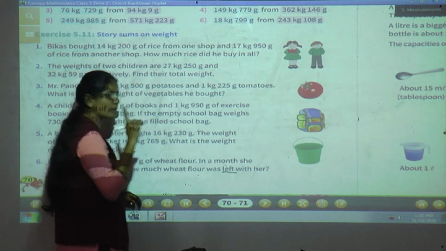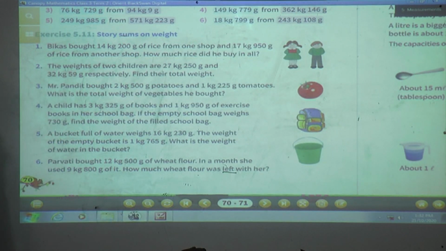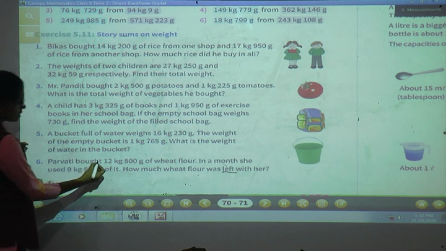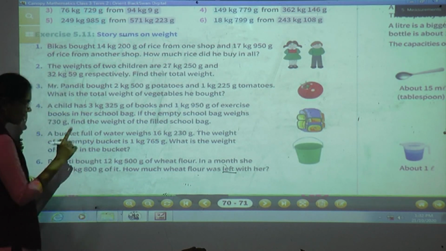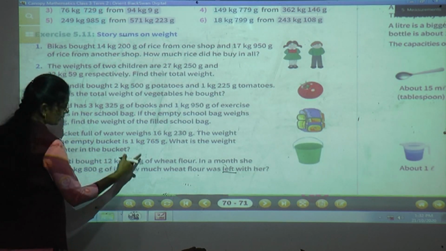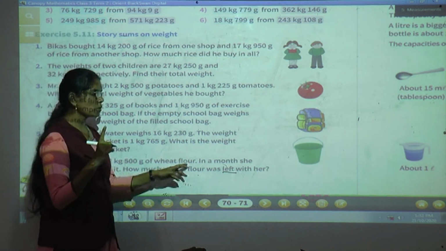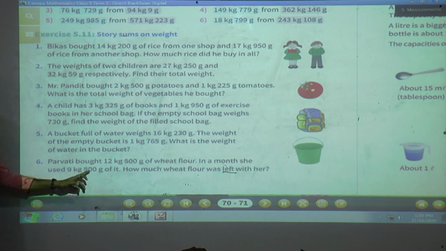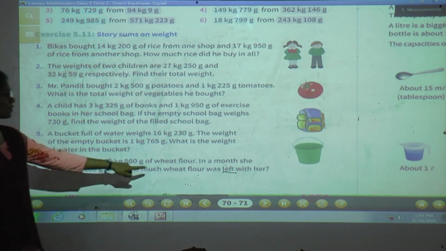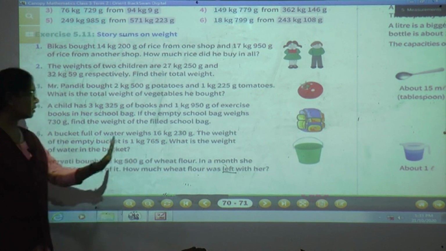See the word left. Left means here you have to do the subtraction. Initially, how much wheat flour she bought? 12 kg 500 gram. Out of 12 kg 500 gram, she used only 9 kg 800 gram.